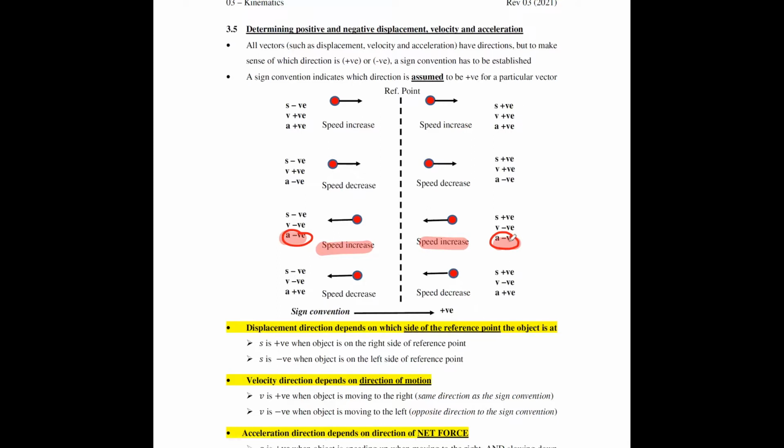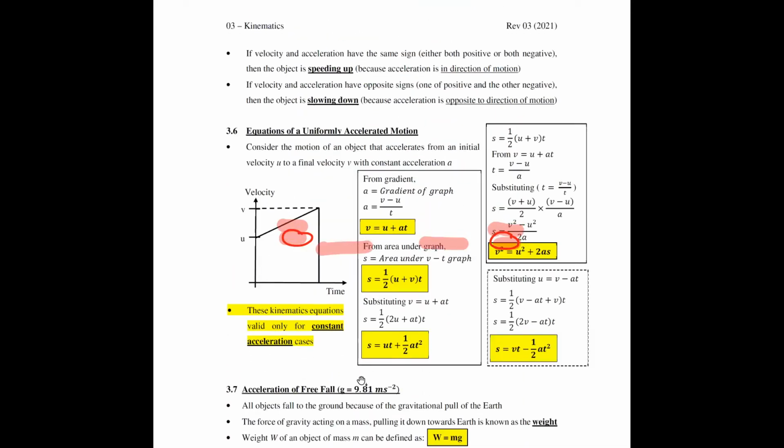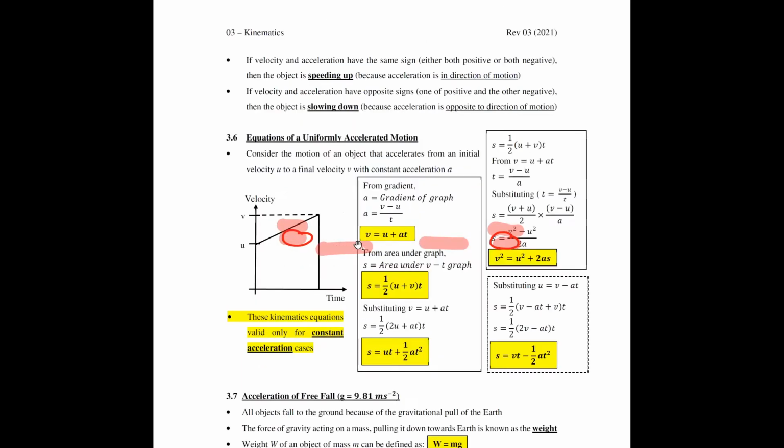A more accurate way of deducing whether something is going to be speeding up or slowing down is by looking at the signs of the velocity and acceleration. The next page I wrote it there. If you want to see whether something is speeding up or slowing down, you just look at the sign of the velocity and acceleration.